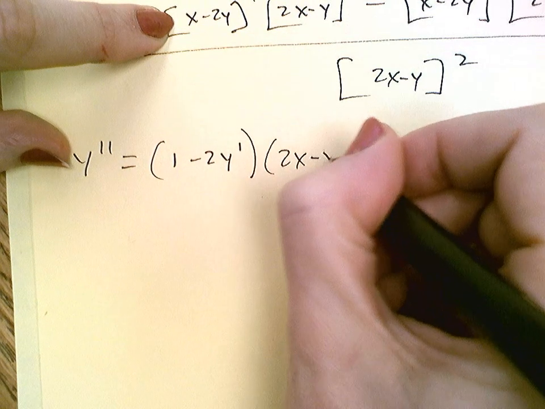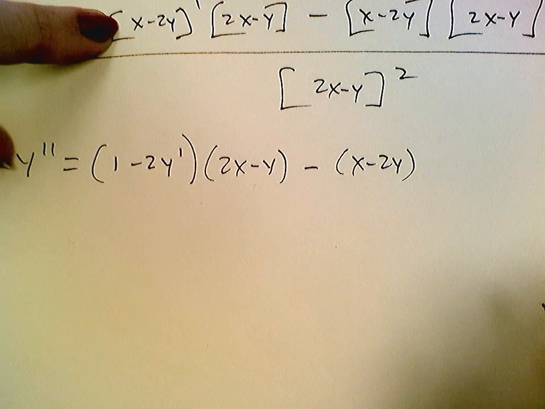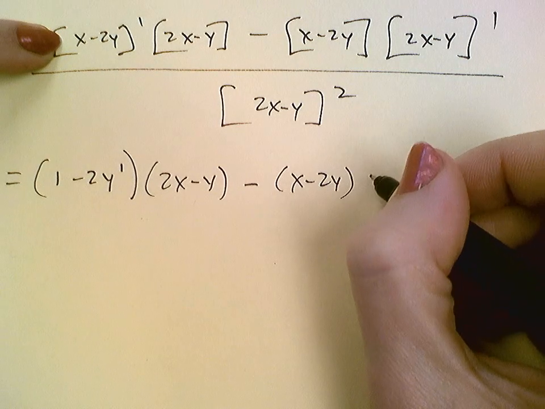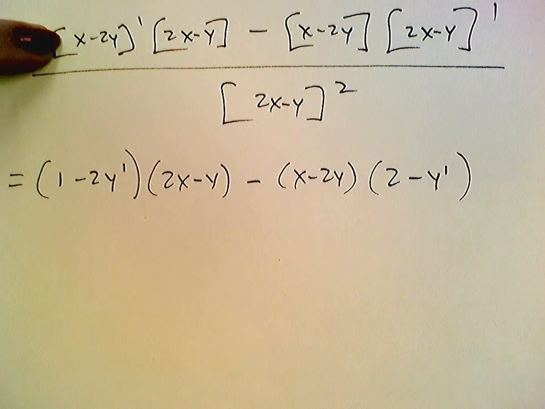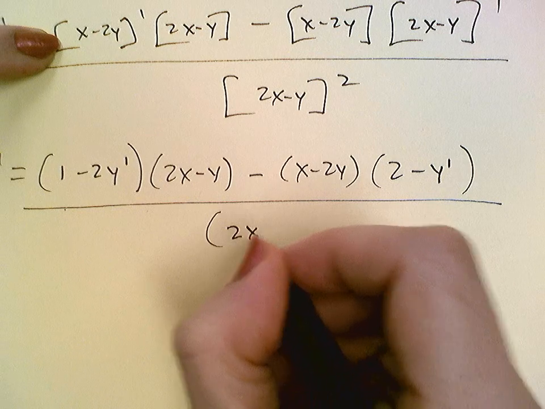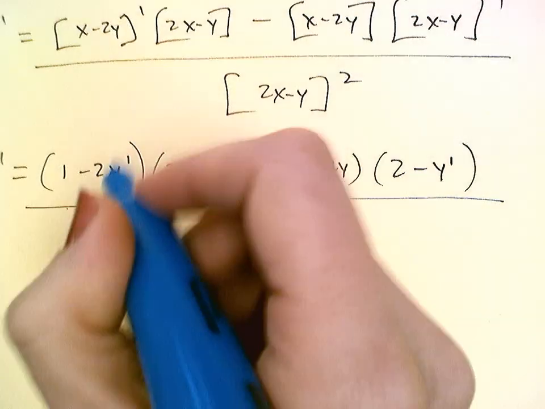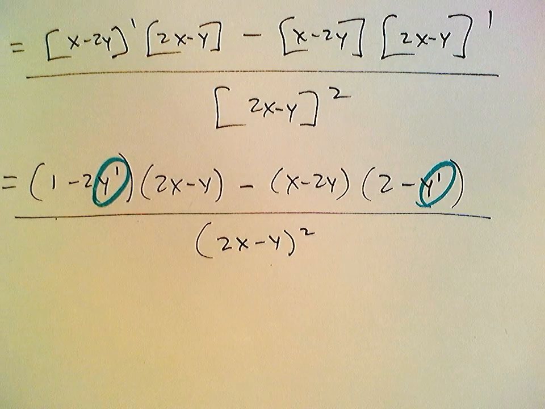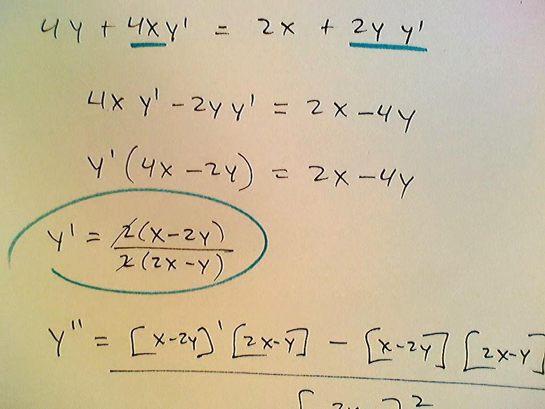That comes down. Minus this comes down. And then the derivative of this is 2 minus y prime. All over 2x minus y squared. Alrighty, and now the very last step is that you're going to replace the y primes with that. And then you're not going to simplify, you're not even going to touch it after that.